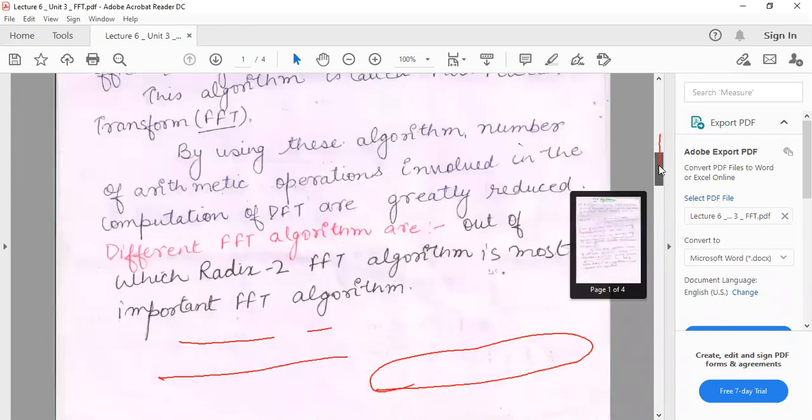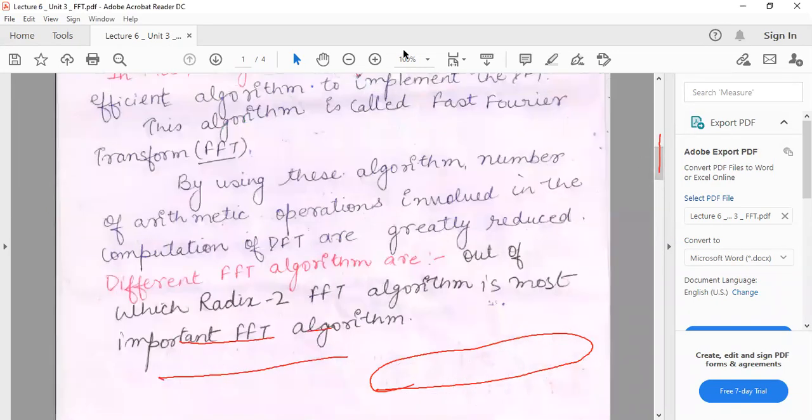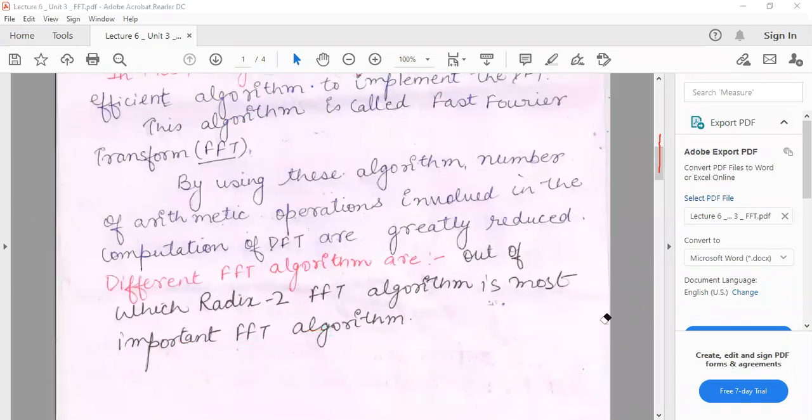And since we have reduced the amount of computation, it will take less time, and less processing or capacity, to compute the final discrete Fourier transform.